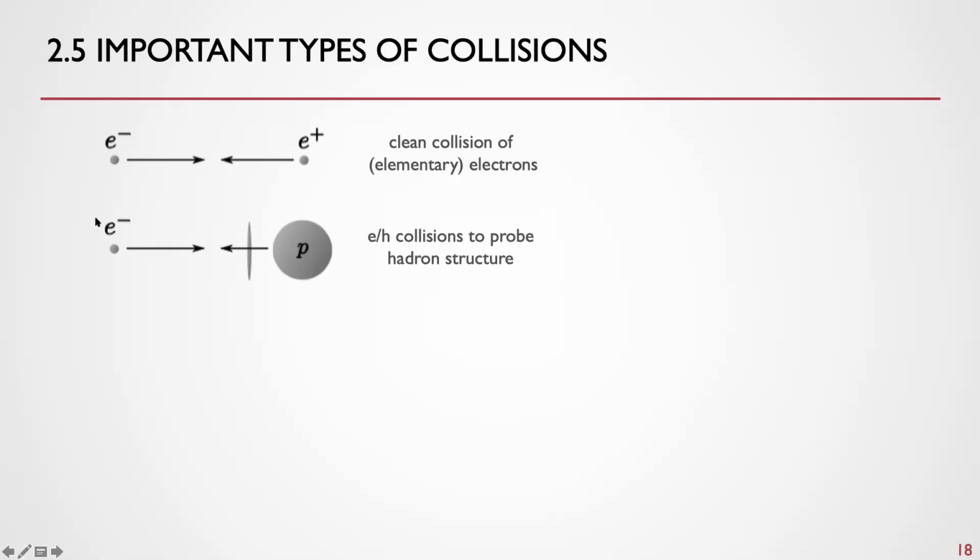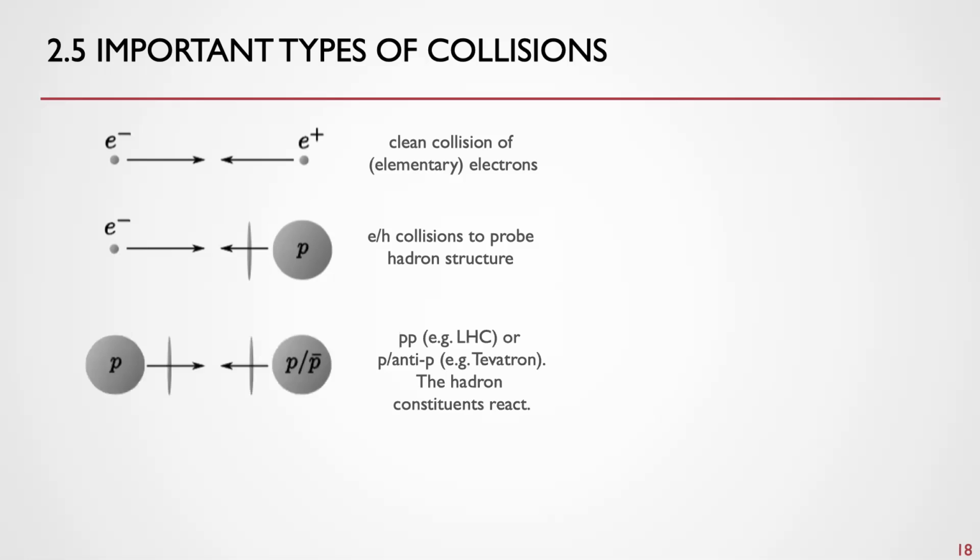Now that means we have an electromagnetically interacting probe, the electron, that can penetrate the proton and interact with the quarks, and whatever we may find, but mostly the quarks inside, according to the standard model, it's only the quarks inside the proton, and reconstruct all the particles that are created in this potentially violent reaction. In other words, electron-proton collisions probe the internal structure of the hadron.